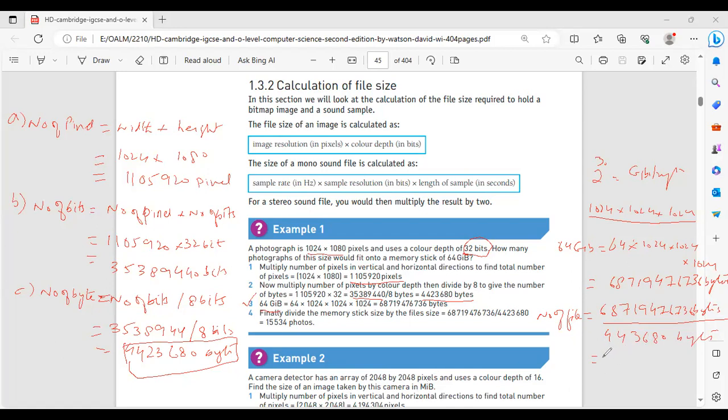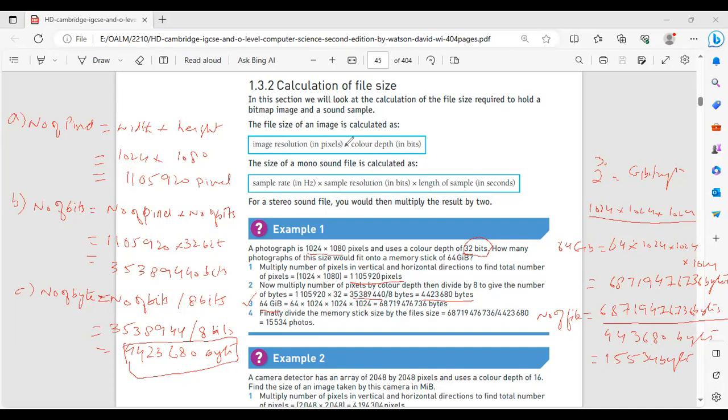Here the answer is 1553 files. Okay, I hope you have understood this kind of calculation. It's a very tedious and lengthy calculation, so you have to work very hard.